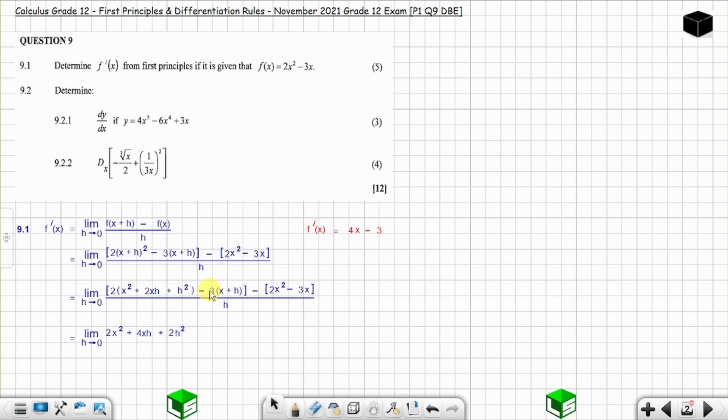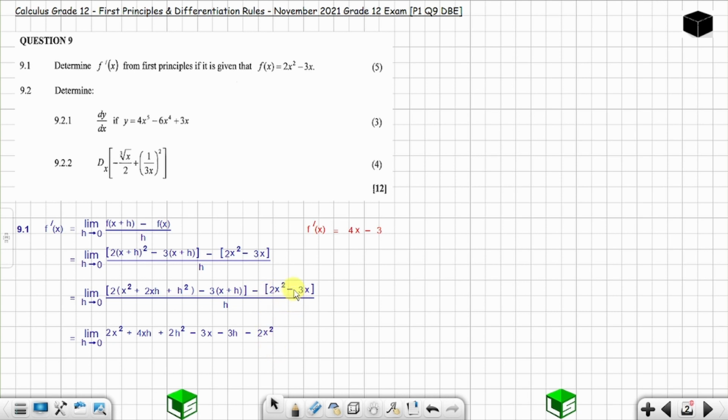Negative 3x, negative 3h. Everything inside of the bracket changes sign because of the negative in front of the bracket. So you have negative 3x and then negative 3h, right? You carry on, you have negative in front of the bracket. Everything inside of the bracket changes the sign. You're going to have negative 2x squared.